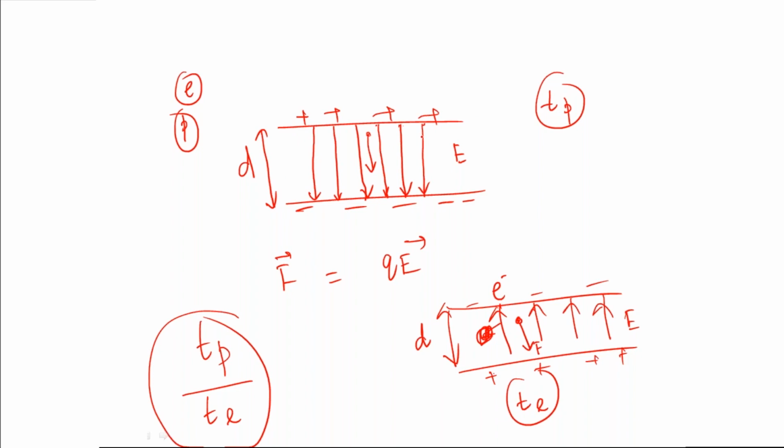The time taken by a proton to cover this region d is tp, and the electron takes time te when we change the polarity of the electric field. So what is the ratio of tp by te? What is the ratio of the time taken by the proton to the time taken by the electron? Tell me.